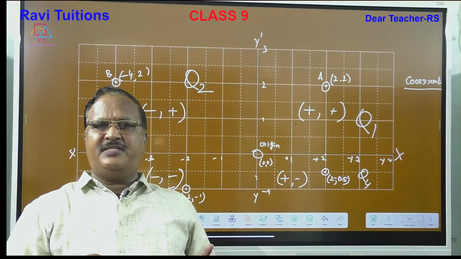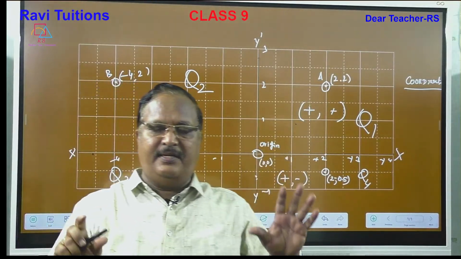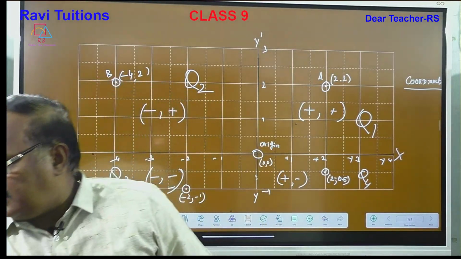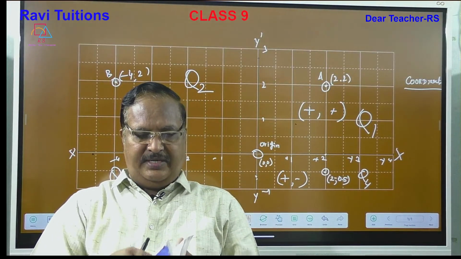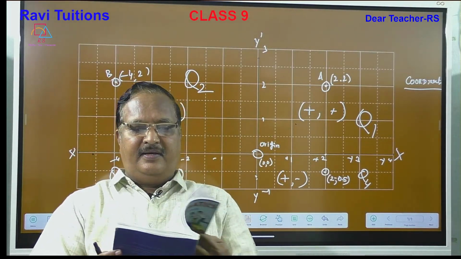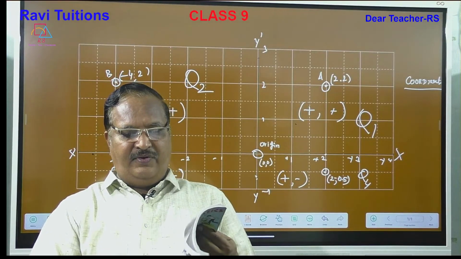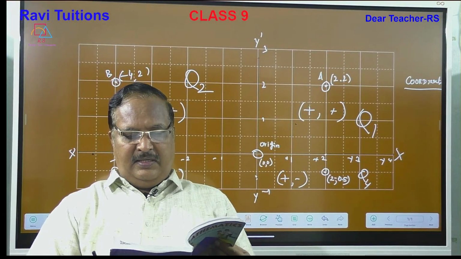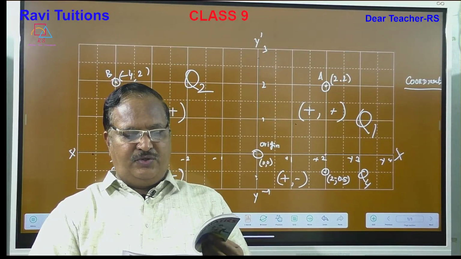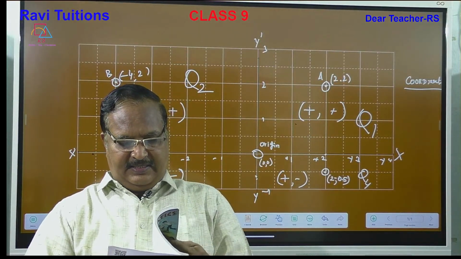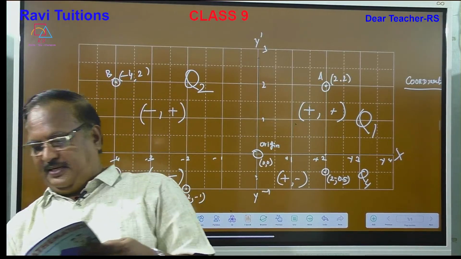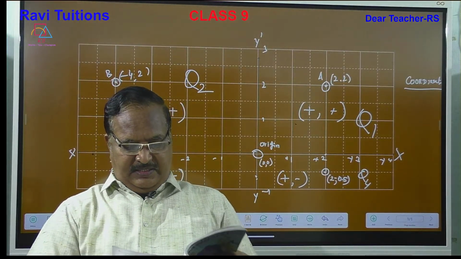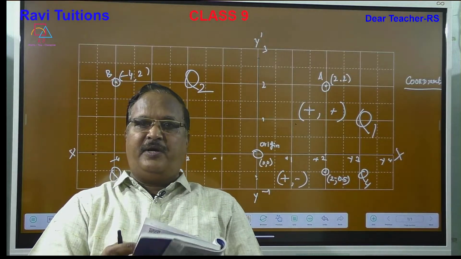Very simple questions are given. He has given points A, B, C, D in the textbook. Take your graph sheet and do it accordingly. I have taken your textbook. Let me go through it. I will tell you what is given in the exercise. So the Cartesian system, exercise 3.1.